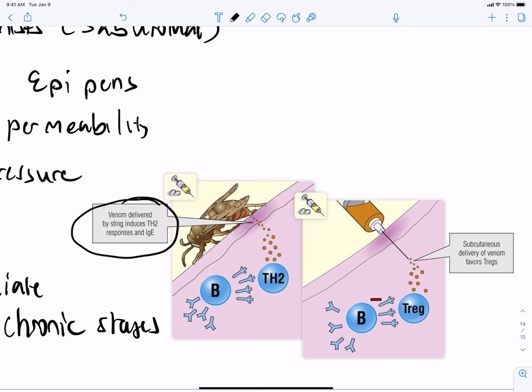If you take that same bee venom and you give a subcutaneous injection of it, you're going to favor making inducible Tregs, so an iTreg. And the idea is if you can induce Tregs to counter the Th2 responses to the bee venom, then you can potentially dampen the allergic response.